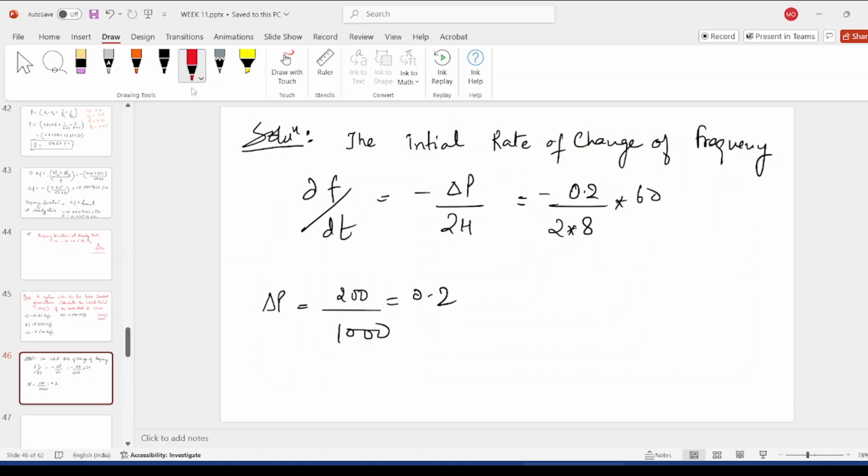Okay, so if we calculate it, 60 divided by 8 comes out to be 7.5.